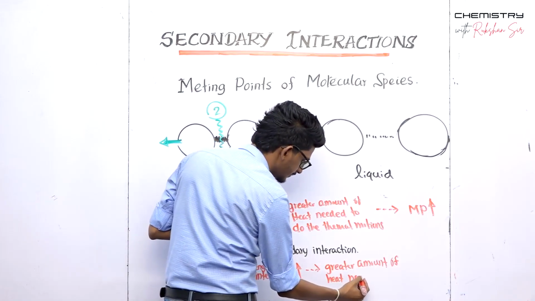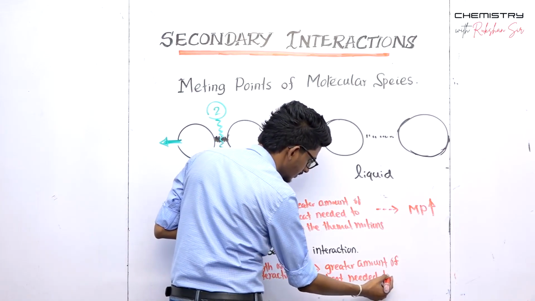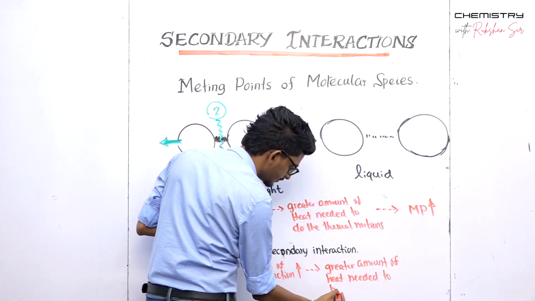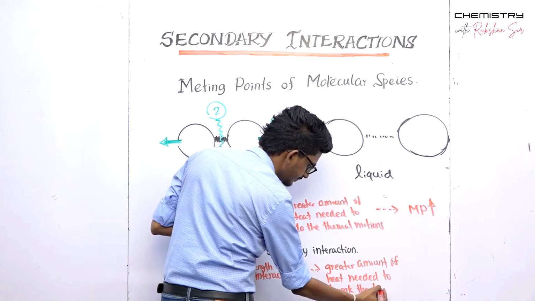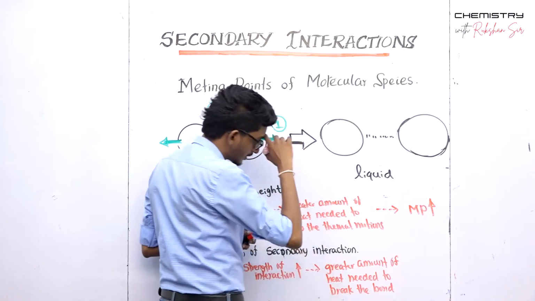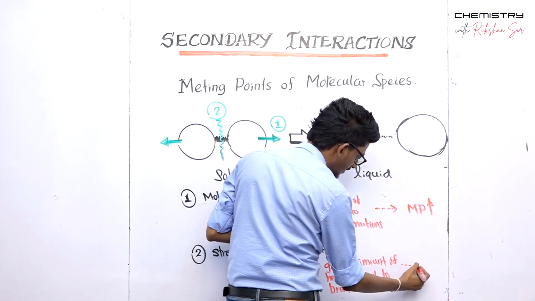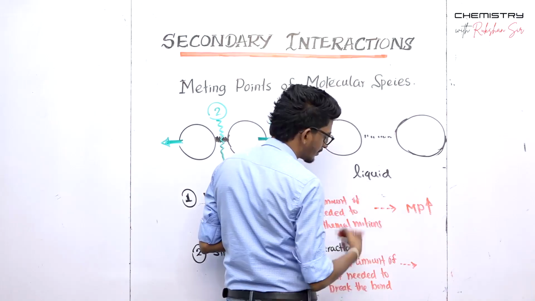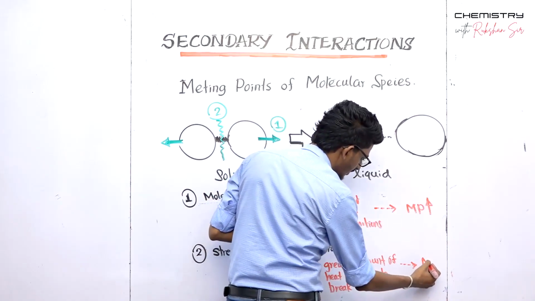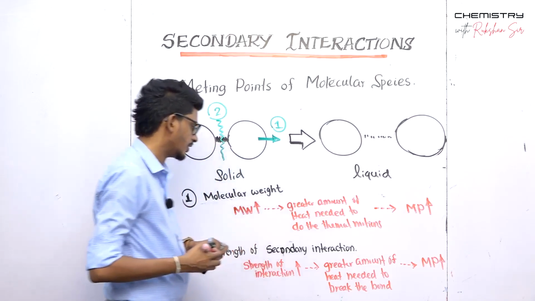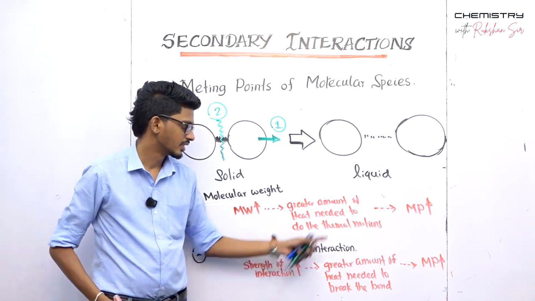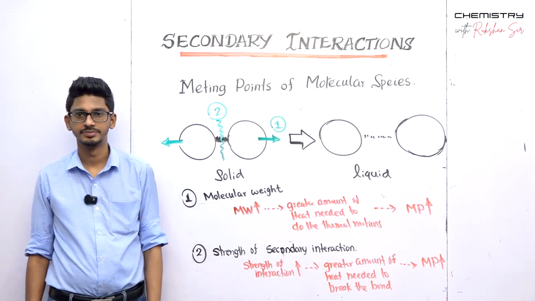That means you need to supply a greater temperature, so your melting points will be high. When your secondary interaction strength is high, your melting point becomes high.